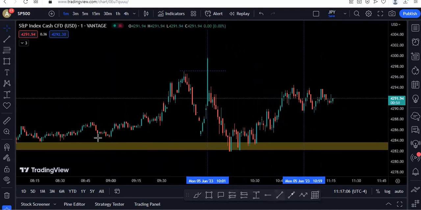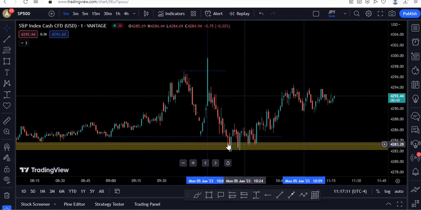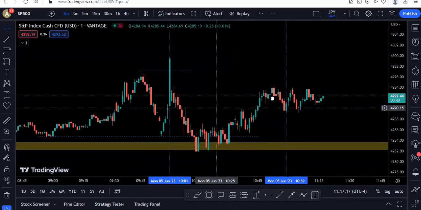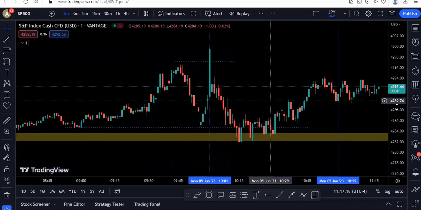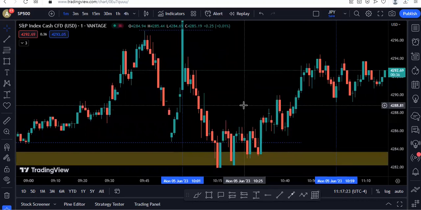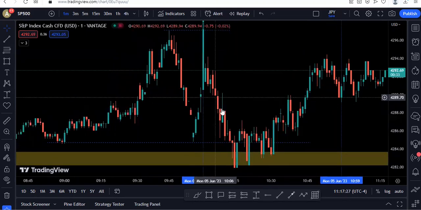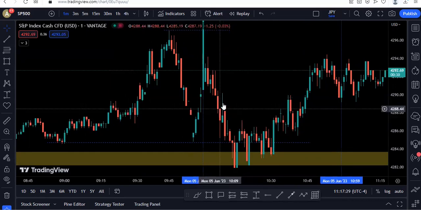And you also want to mark this. And as you can see, it's also matching with the new weekly opening gap. So as you can see, it was rejecting beautifully. I'm gonna zoom in. Right here, we did have a fair value gap and it was rejected.